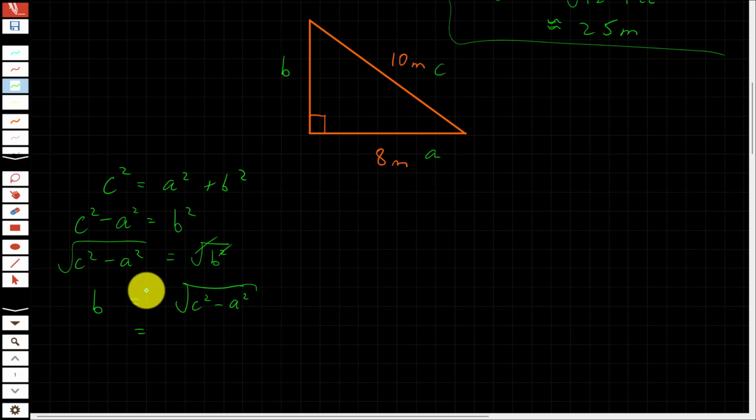Now we can plug the numbers into our rearranged formula. So we have the square root, C is 10 squared, take away A squared. If we were to plug this into our calculator, we'll get that B equals 6, and we're in meters.